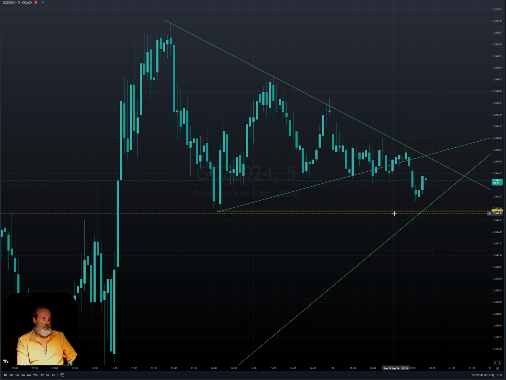NQ always used to scare the life out of me, because it was a very violent thing. But with the liquidity and the price action and the movements, with the right setup, you can get in and take those trades.